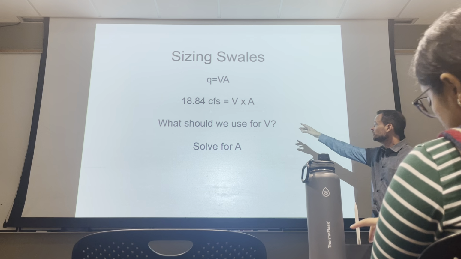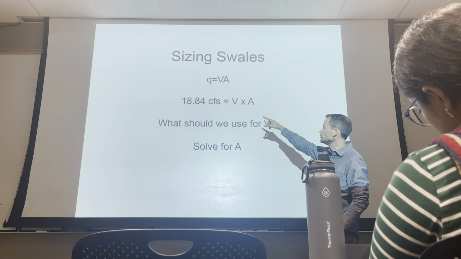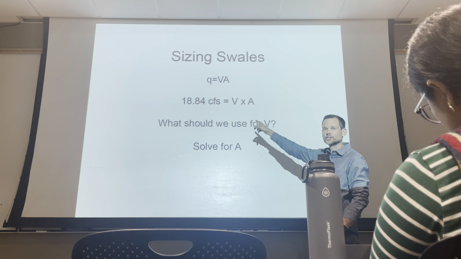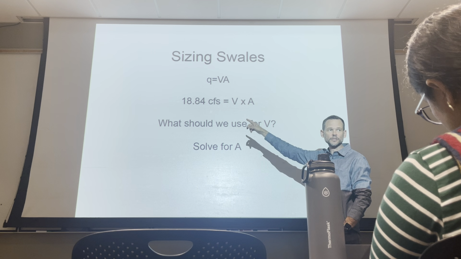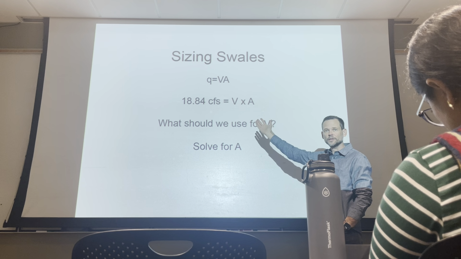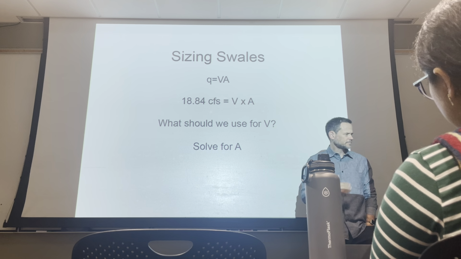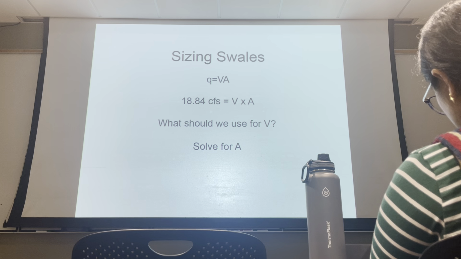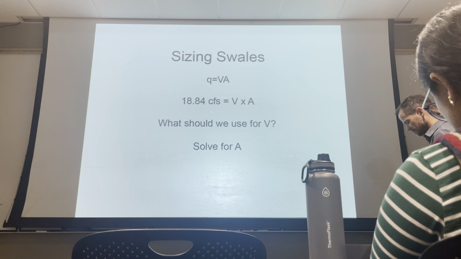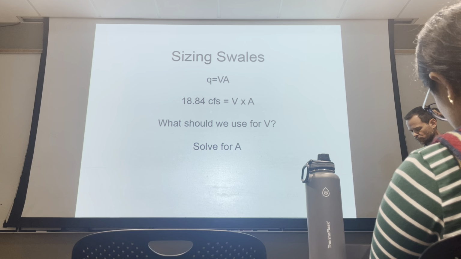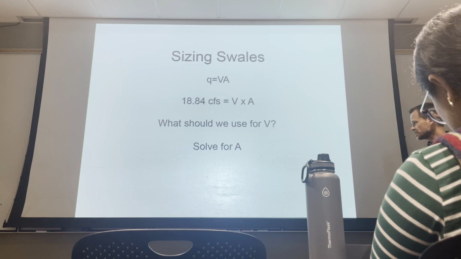If I put 2 in for V, then my cross-sectional area has to be 18.84 divided by 2. If I put 4 in, the cross-sectional area has to be 18.84 divided by 4. 18.84 divided by 4 is 4.71.